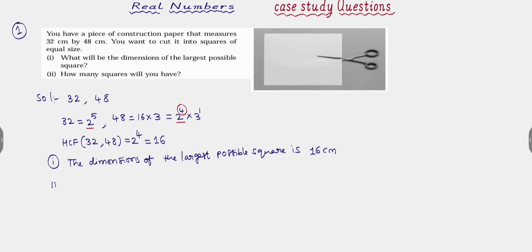Now the second question: how many such squares can be made from the given paper?